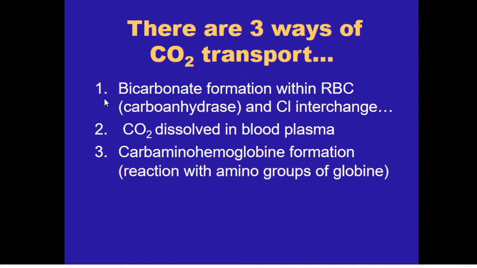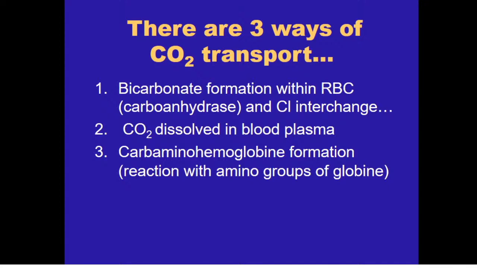So the first is bicarbonate formation within red blood cells, the carbonic anhydrase reaction that I showed you, and exchange with chloride. This is also named the chloride shift, or hamburger effect, when carbon dioxide is coming inside of the erythrocytes, the chloride will go away.